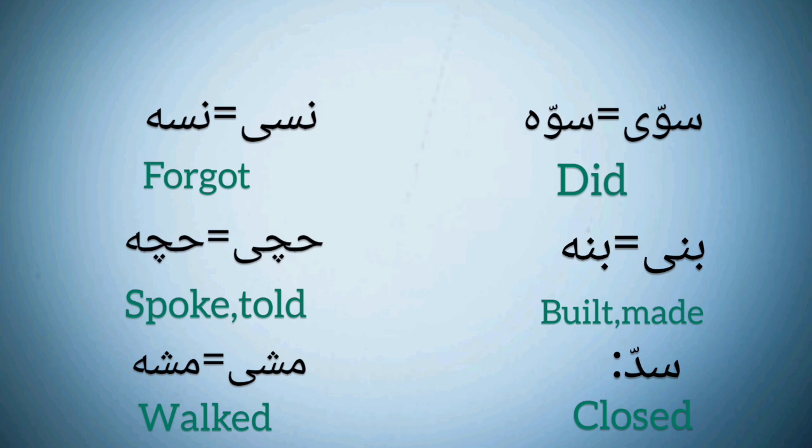Then نسى. نسى means forgot. He forgot. The last letter is alif. Then حكى. He spoke or he told. And the last one, مشى. مشى means walked. He walked.